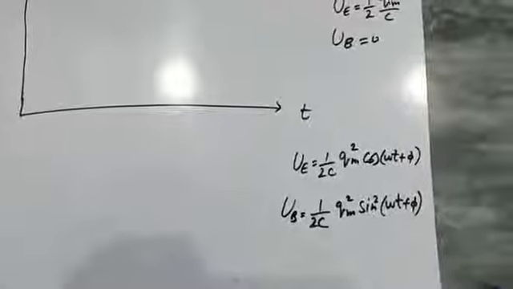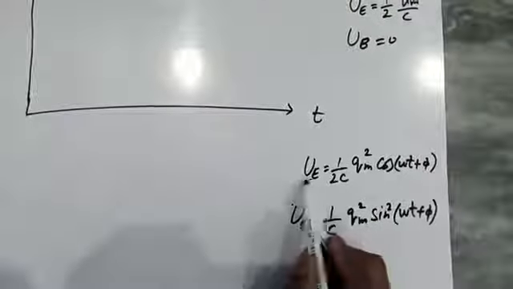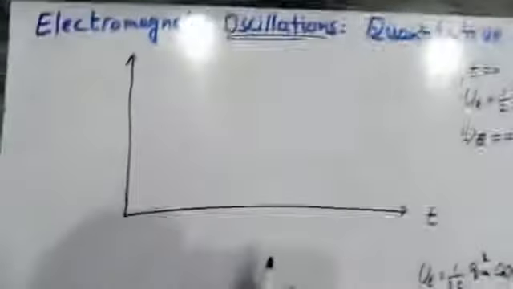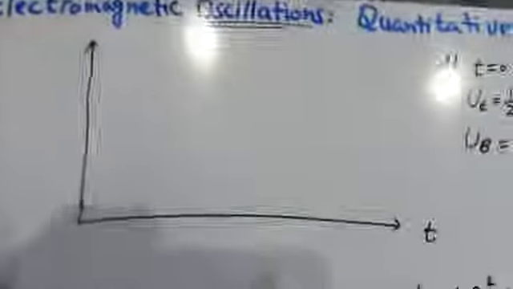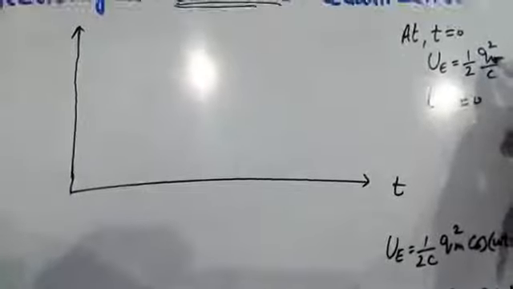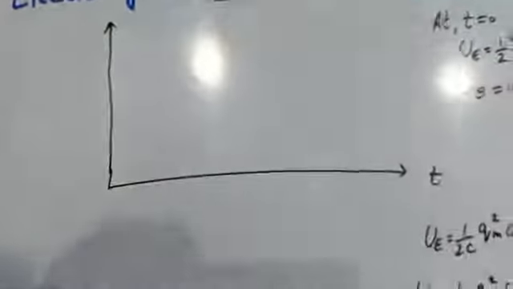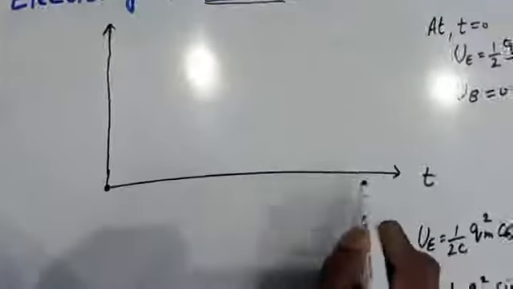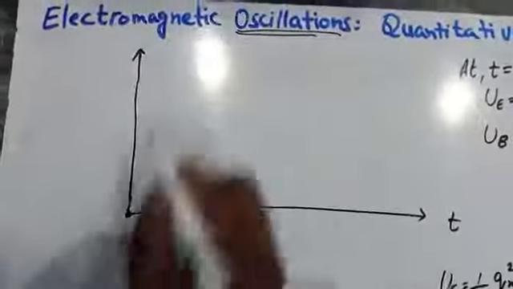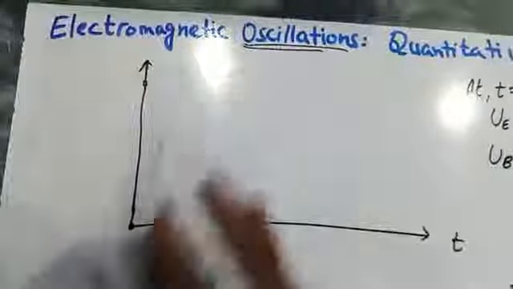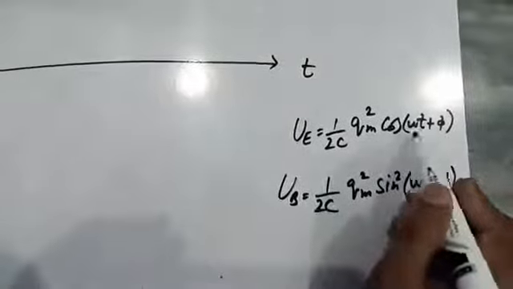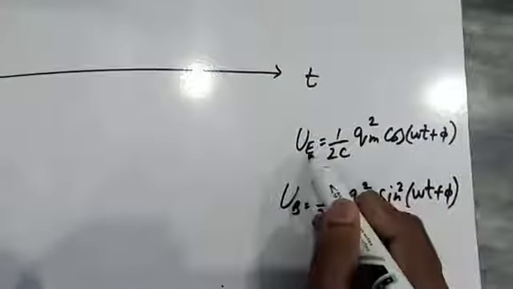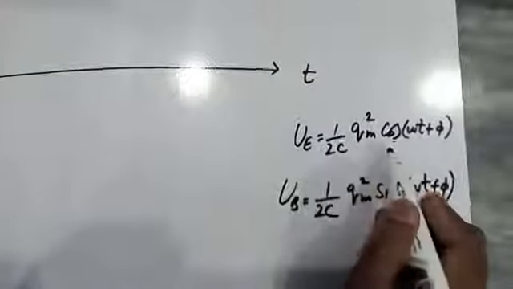So the graph of electric and magnetic energy is a sine wave. When charge q is maximum, electric energy is maximum. So if we suppose that at time t equal to 0, charge q is maximum, so electric energy is maximum. With the passage of time, as time t increases, electric energy varies sinusoidally.